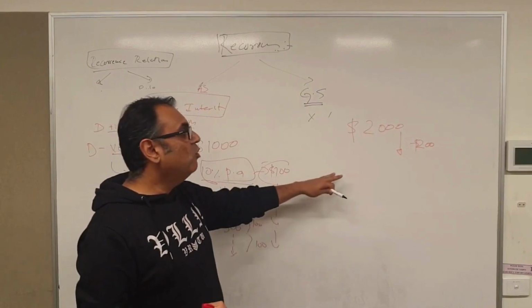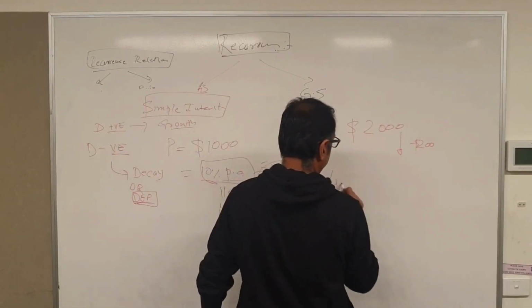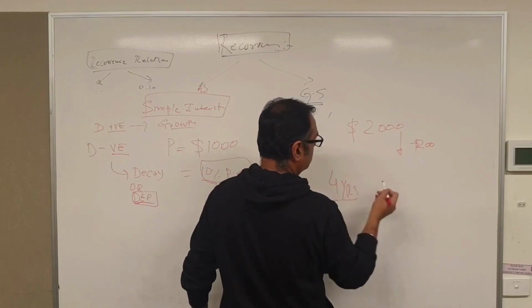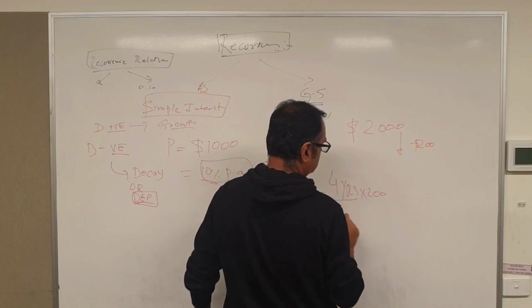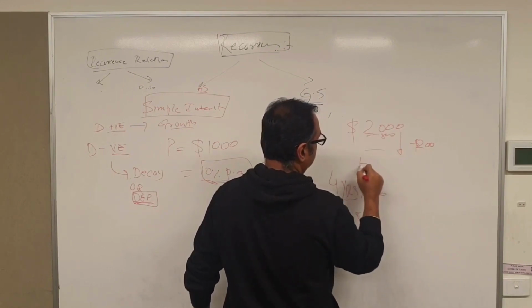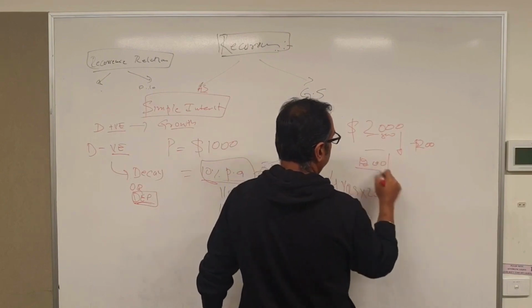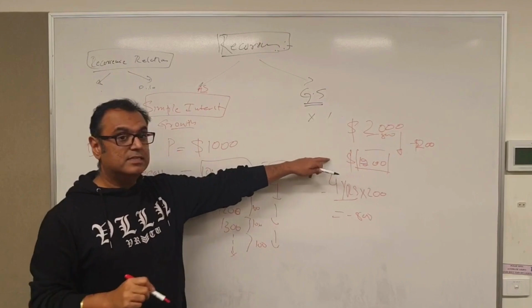So after 4 years, how much would be the value, Gabby? After 4 years, 1,200. 4 years times negative 200 is negative 800. So minus 800, you become $1,200.